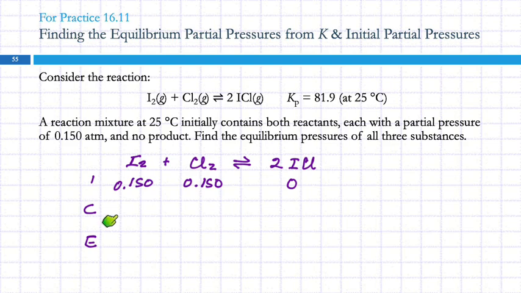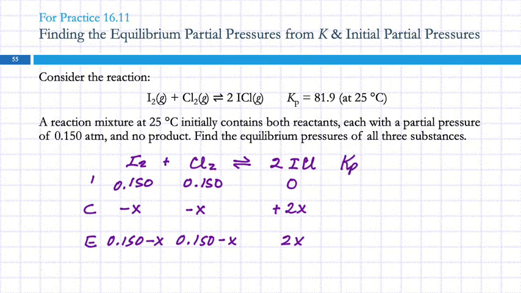So what do I put in here for the change for these guys? That change will be negative X, because the reactant concentration is going to go down, and the concentration for the product plus 2X. So we've got 0.150 minus X and 0.150 minus X and 2X.